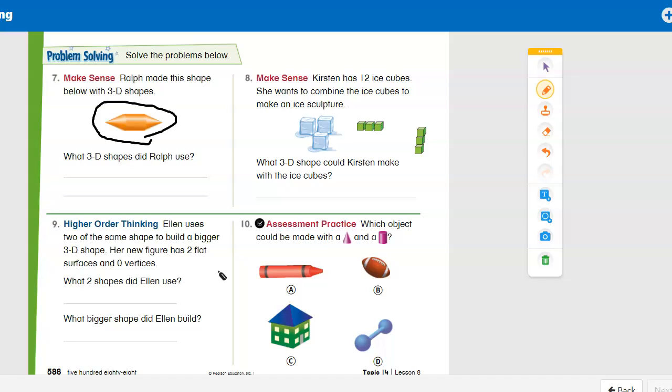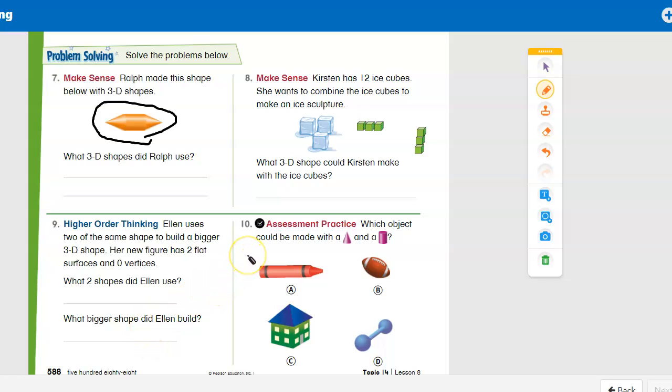So think of what 3D shape has 2 flat surfaces and 0 vertices. If you need to look back on your lessons, you might need to. So what 3D shape has 2 flat surfaces and 0 vertices? So what 2 shapes did she use? And those 2 shapes together, what shape did they make is what they want to know on the second line.